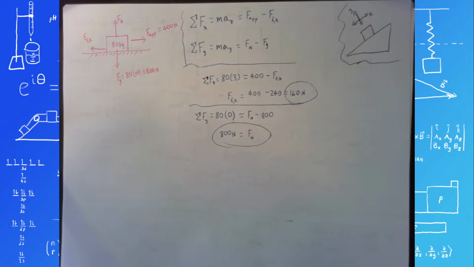It happens to equal mg here today, but there will be scenarios where that's not the case. Normal force equals whatever it needs to equal, and the only way to figure out its value is to actually do your net force equations and see what normal force the situation calls for. Anyway, that takes care of parts A and B.